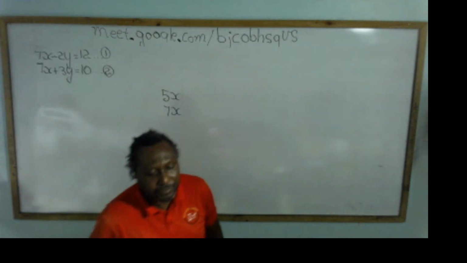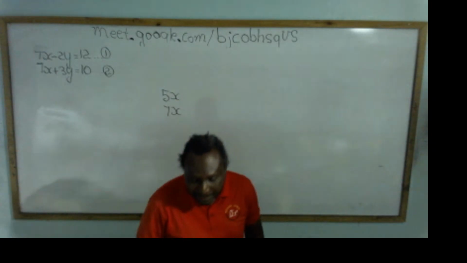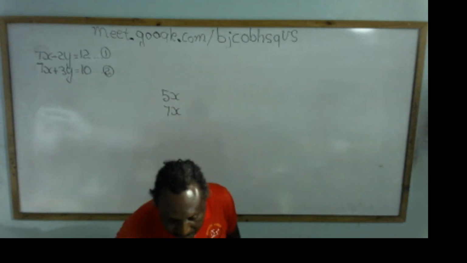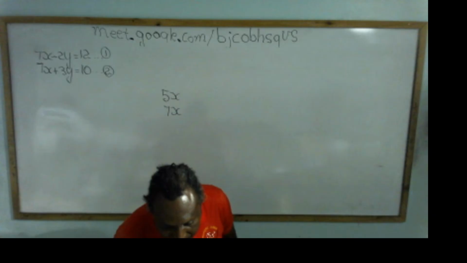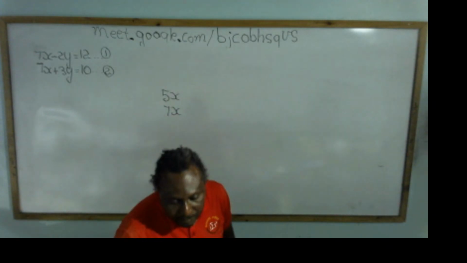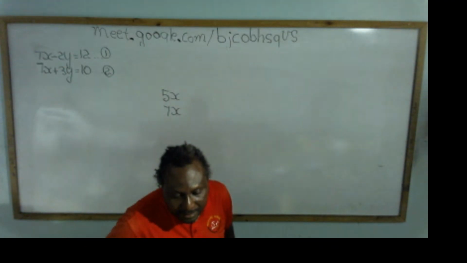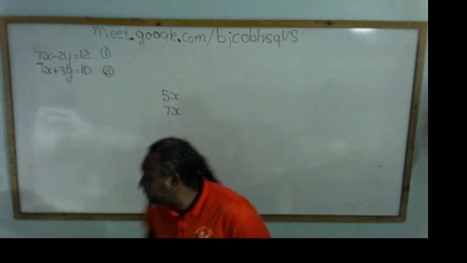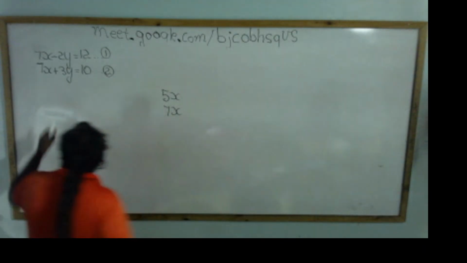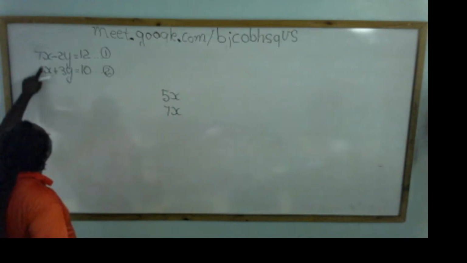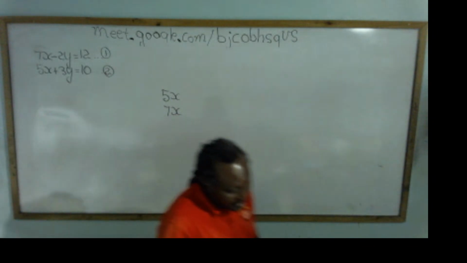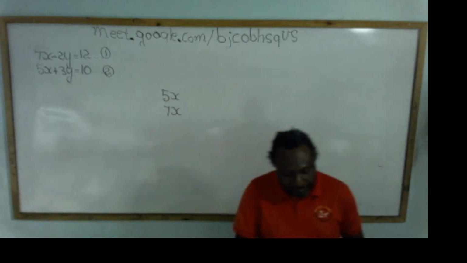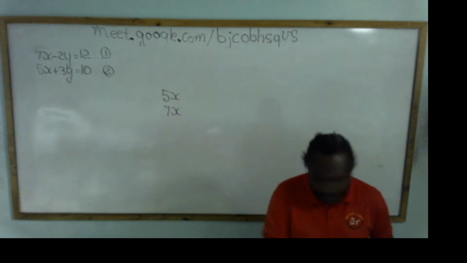All right. Well, pay attention to this and let's see how it works. Why is it that we cannot just erase this 5? That's what the original system of equations was like.